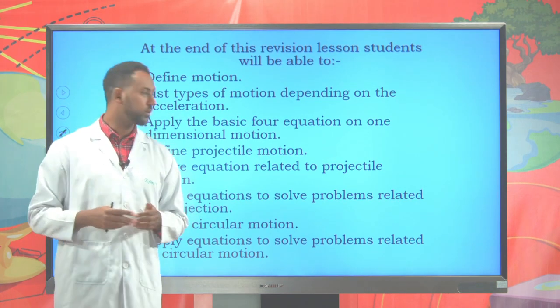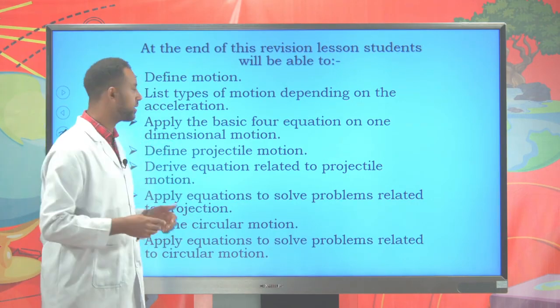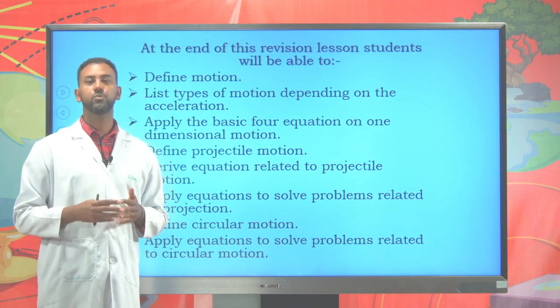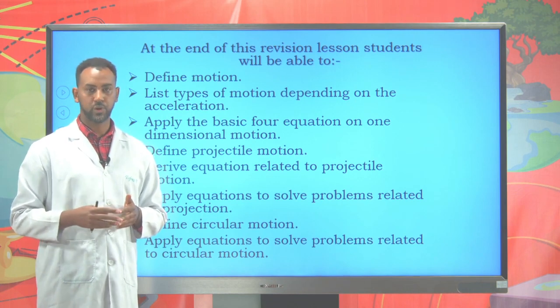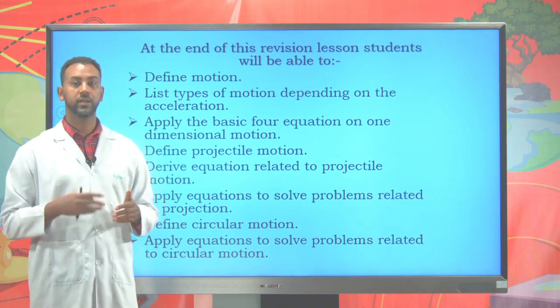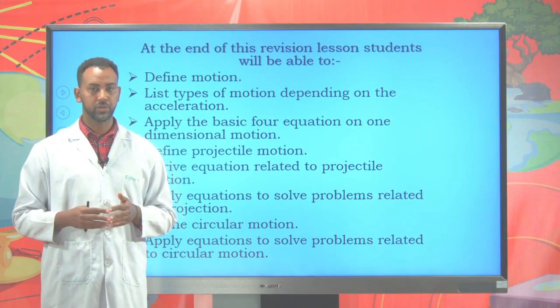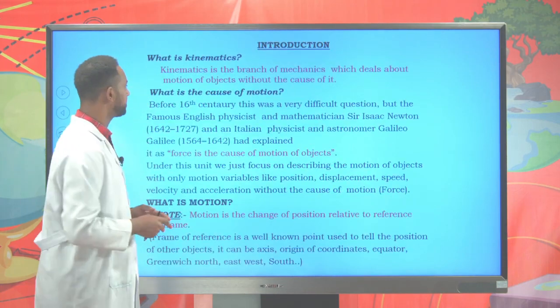We'll categorize motion as uniformly accelerated motion and accelerating motion. We'll use the four most important equations and apply them on some problems. We'll define what projectile motion and circular motion are, and see them under two-dimensional motion. So let's proceed.